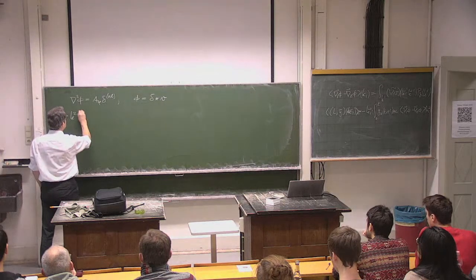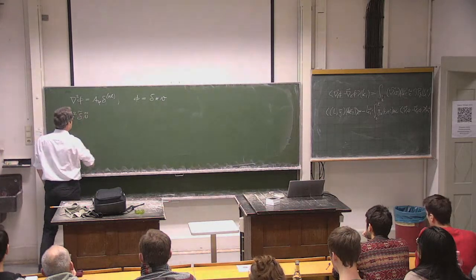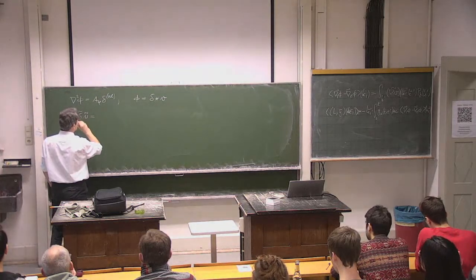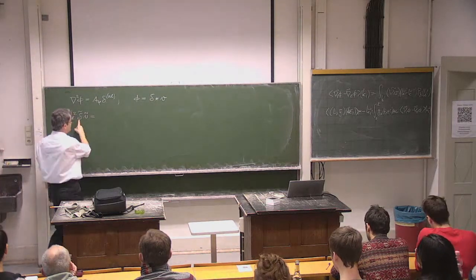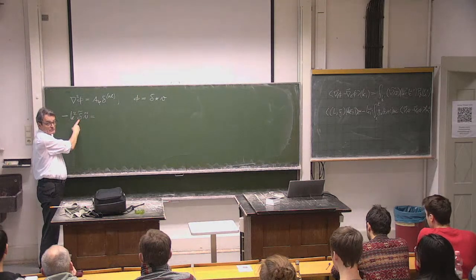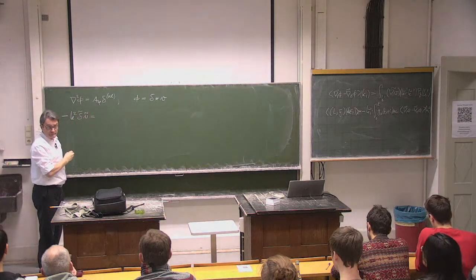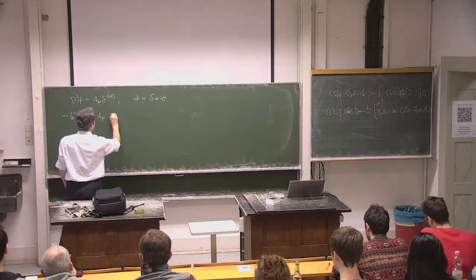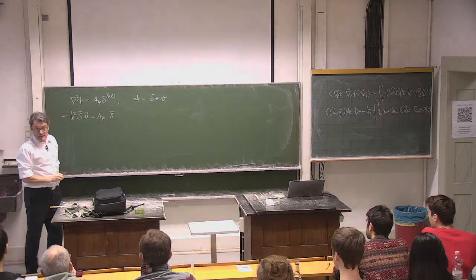So this will be delta tilde times v tilde. Notice that this is the complete density contrast, right? Not just the nonlinear part. Now I'm going to write the nonlinear part as the complete density contrast minus the linear part.